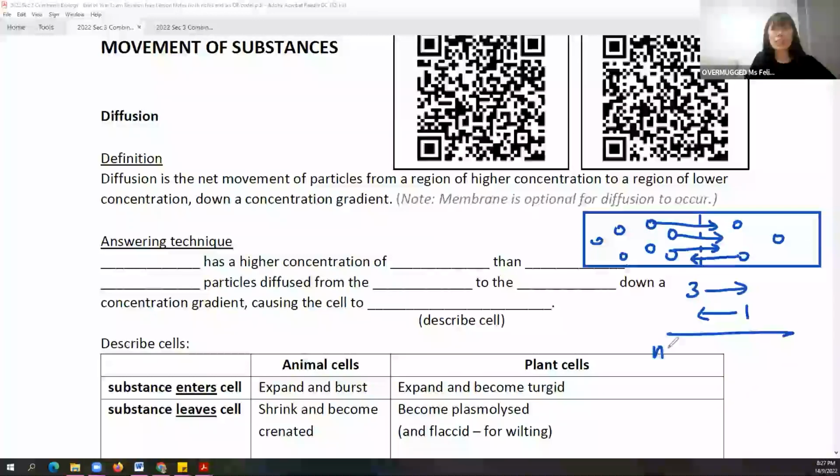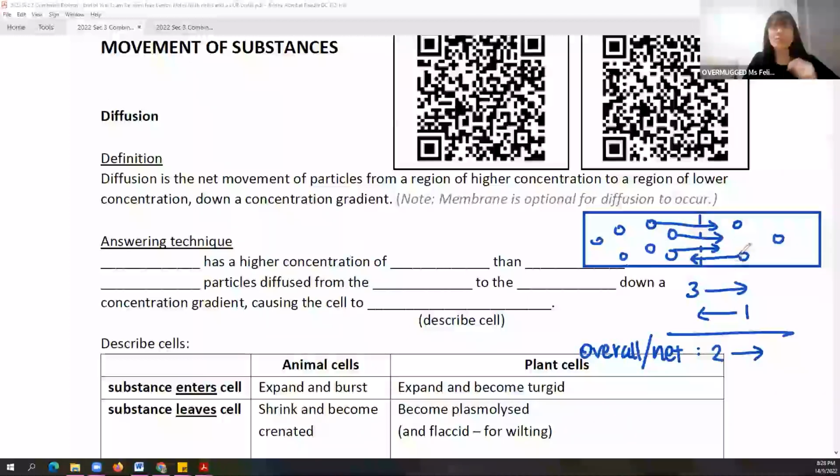So if you check the net, also called overall, net means overall. For example, if you're shopping, the price you pay after discount is called the net price. That means the overall price, inclusive of the discount. So with net, you realize that overall, particles are still moving from high to low concentration. That's why this is still diffusion.